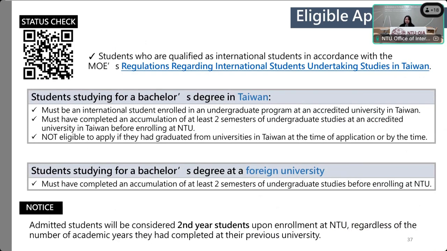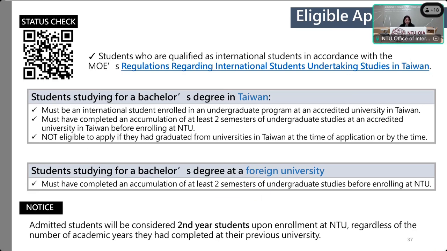He or she must be an international student enrolled in an undergraduate program at a university in Taiwan and must have completed at least 2 semesters of undergraduate study there before enrolling at NTU. If they have graduated from the university in Taiwan, they are not eligible to apply.